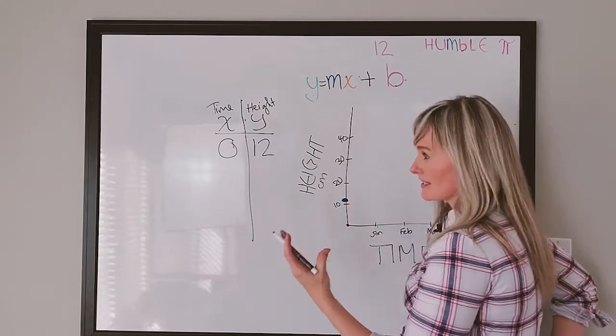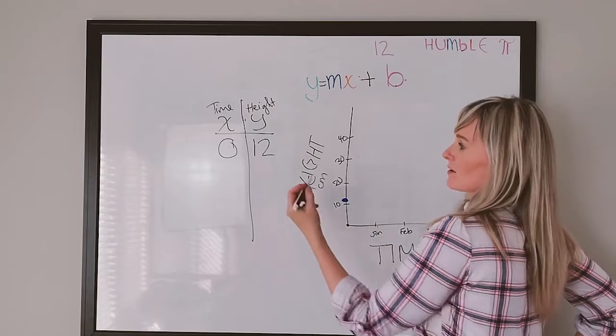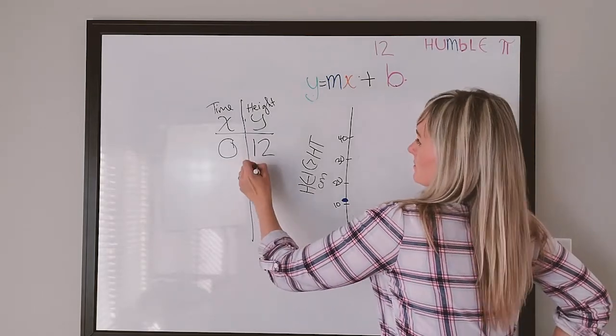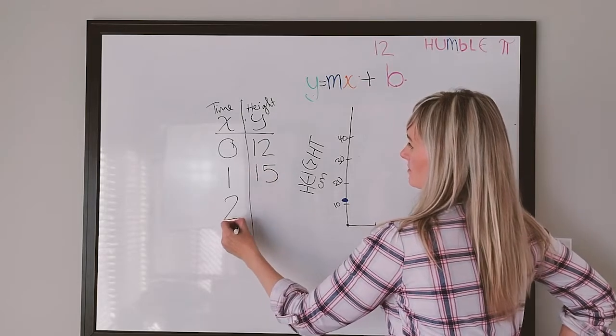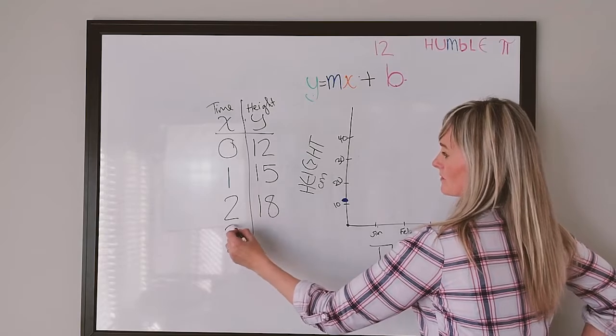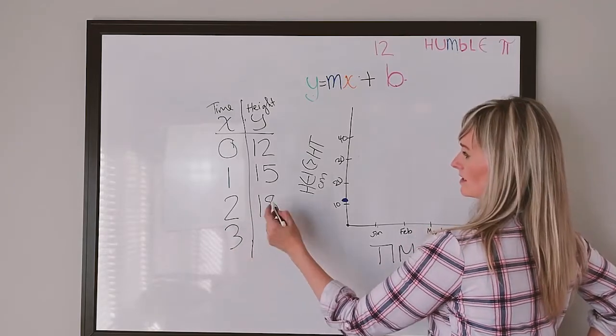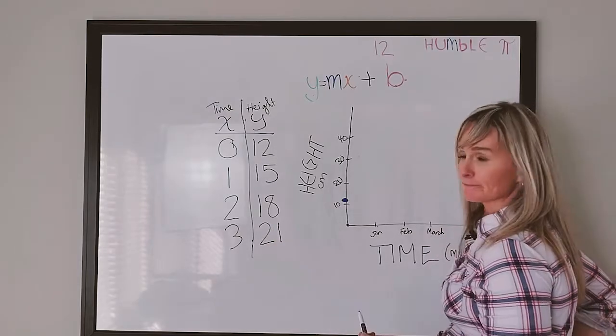Then we have to figure out what our x and y values are going to be. So let's say in the question I told you that every single month we noticed that our plant grew 3 centimeters. So after 1 month, it was at 15 centimeters. After 2 months, 15 plus 3, 18. After 3 months, 18 plus 3, 21 centimeters.